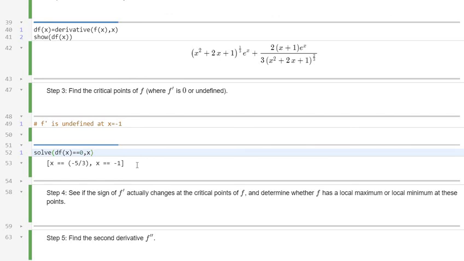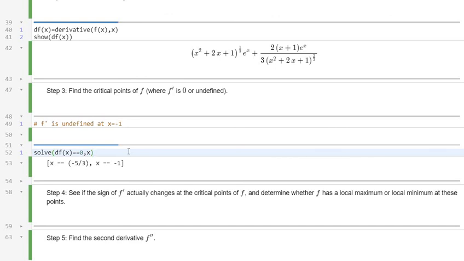And CoCalc really ought to have been programmed to check and test that, and they didn't. So it's not a fatal error this time, because x equals -1 is important to us because the derivative doesn't exist there. So if you forget that, it almost is helpful, but in other situations that would definitely not be helpful. So be cautious. The solve command might give you some extraneous solutions inadvertently.